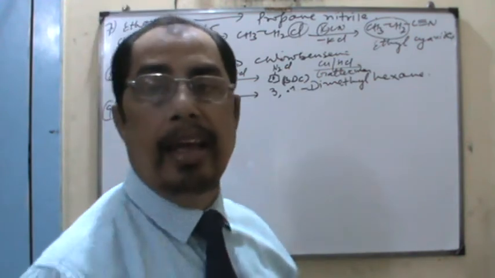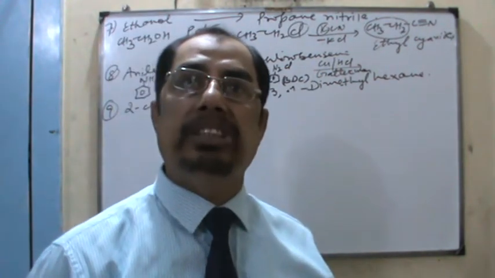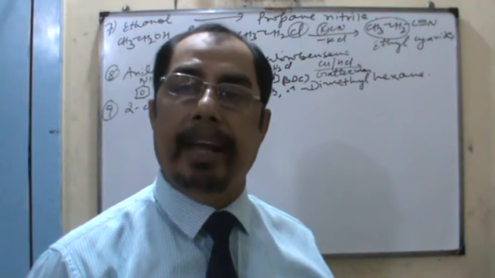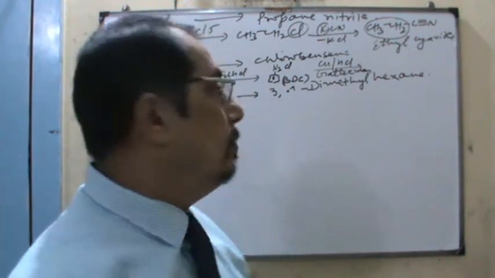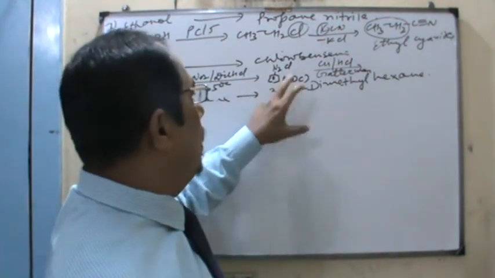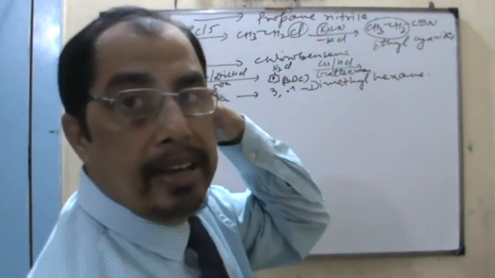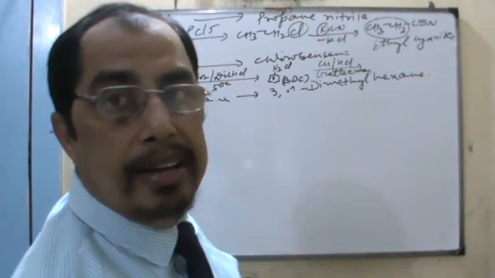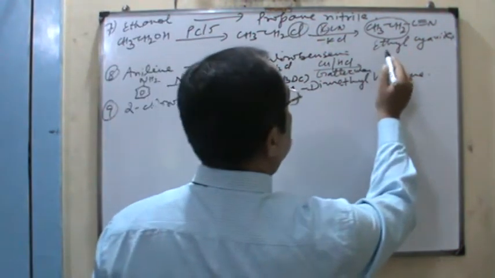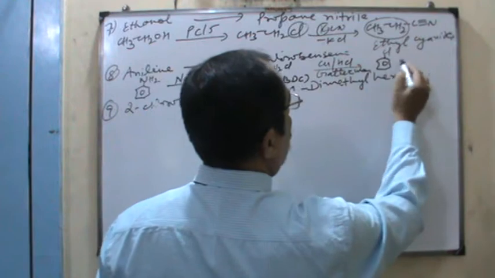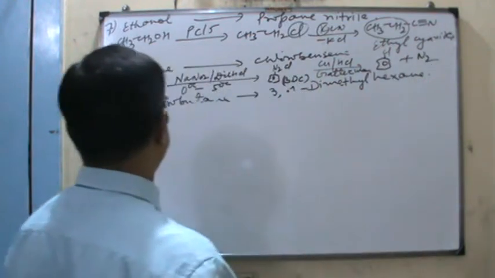There I took two reactions, one is the Sandmeyer, another is the Gattermann. First take BDC, then treatment with copper powder with HCl, Gattermann reaction, copper chloride, chlorobenzene is formed here. So it is the chlorobenzene and N2 gas is evolved.